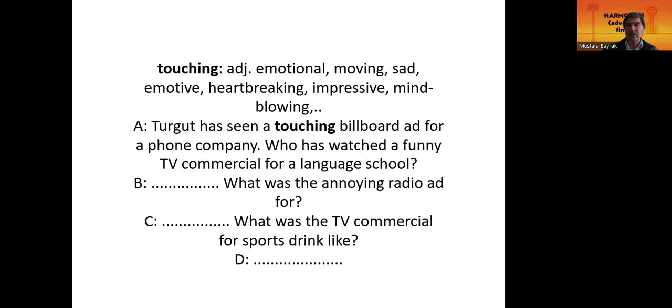What was the annoying radio ad for? The annoying radio ad was for a product of that company.